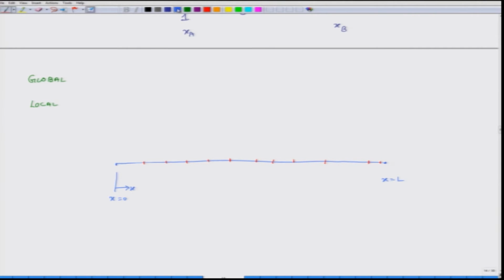Let us say the length of the eth element is HE, and let us say this location is xA, and this location is xB. These xA and xB are with reference to the global coordinate system.